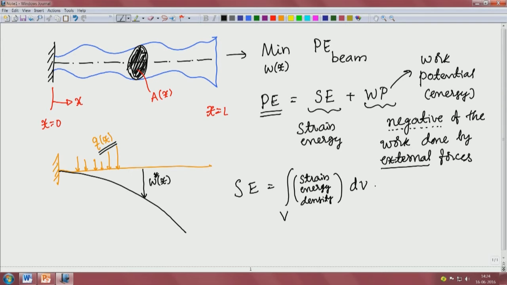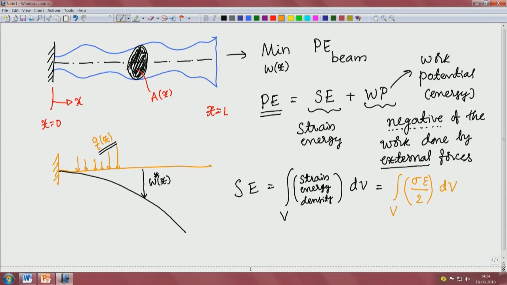This strain energy density is defined as the area under the stress strain curve, okay. If you plot sigma versus epsilon, the area under the curve for the linear analysis, which is what we are discussing now, will simply be sigma epsilon by 2, okay. So, we have strain energy density here, and we want to integrate over the entire volume.